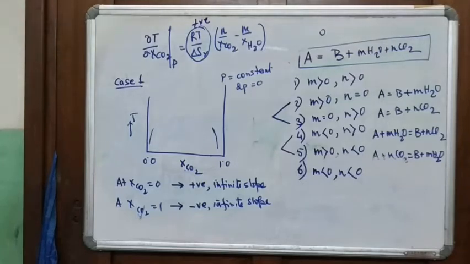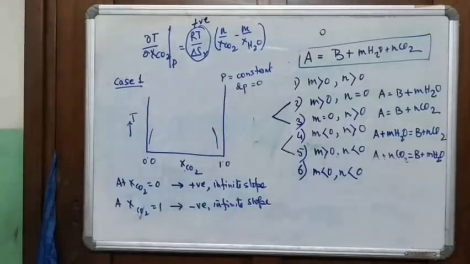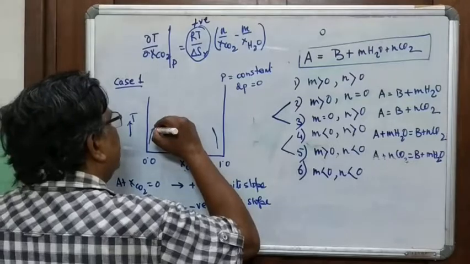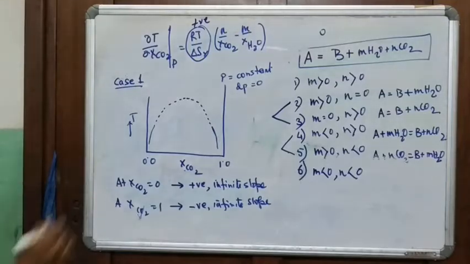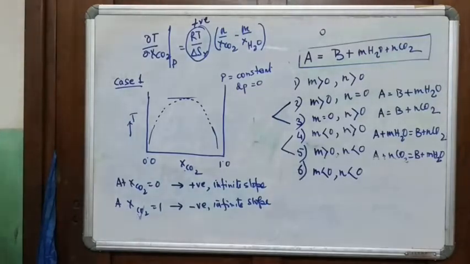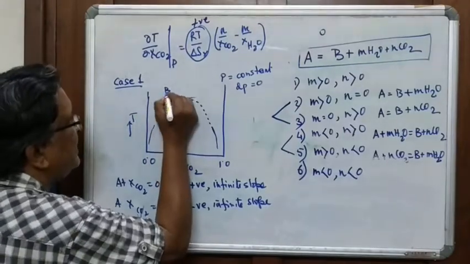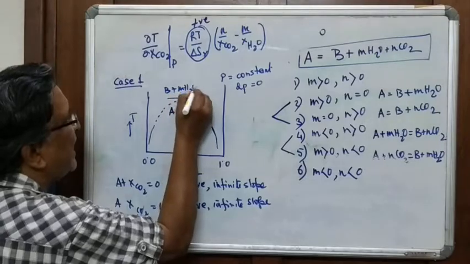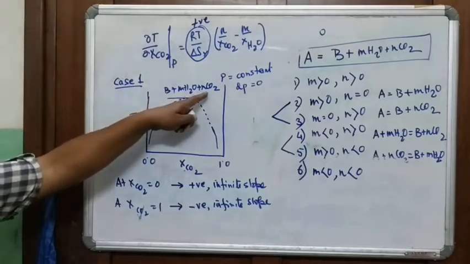So obviously what will happen is these two reactions will join and you will have a situation like this, where at this point the slope is 0, where you have A, B plus M H2O plus N CO2.